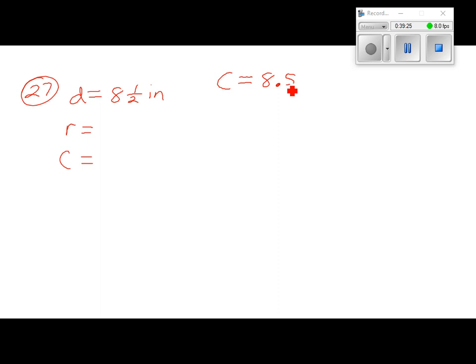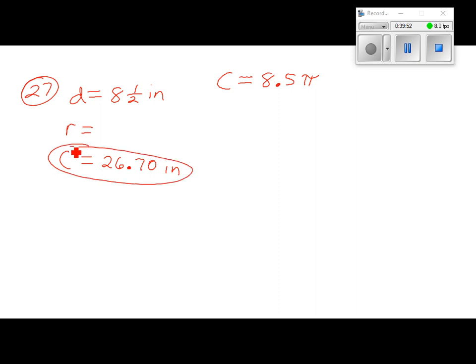So they want us to go out 2 decimal places again, right? So we're gonna take 8.5 times pi. Somebody grab their calculator. Because they said go out to the nearest hundredth, we're not gonna leave it in terms of pi. 26.70. And our units are inches. That's one of our answers.